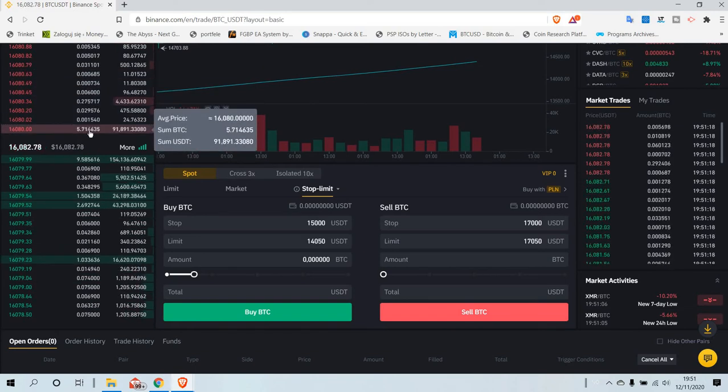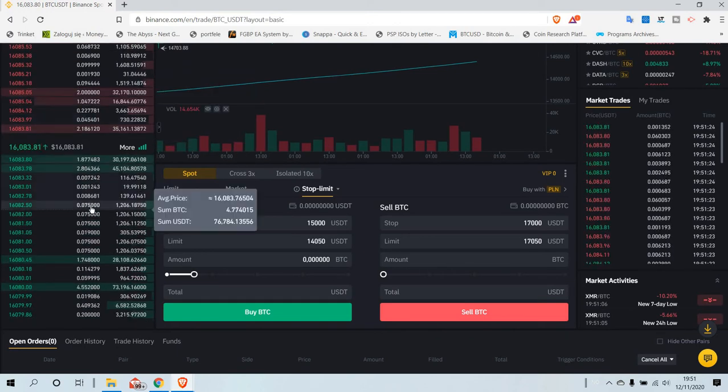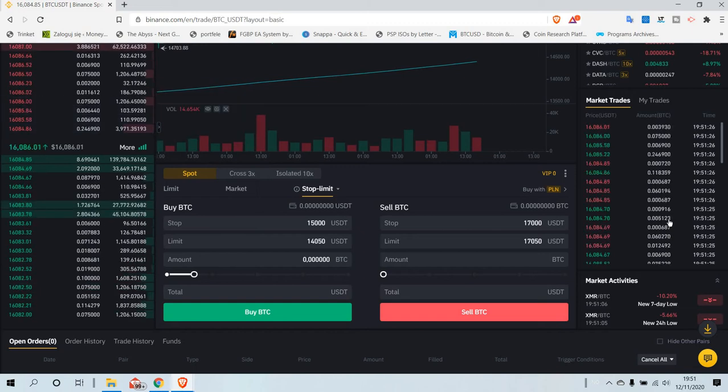Like you see, in here was a wall for 5 Bitcoin, now it's gone. A wall for 5 Bitcoins is not really a large wall. But that's not gonna give other traders insight that we are waiting for the price to reach this moment.